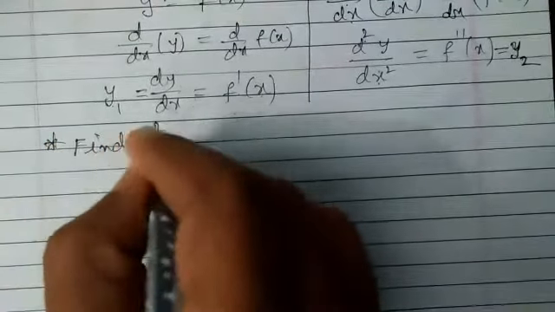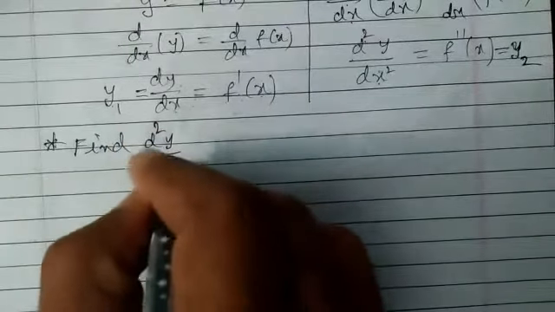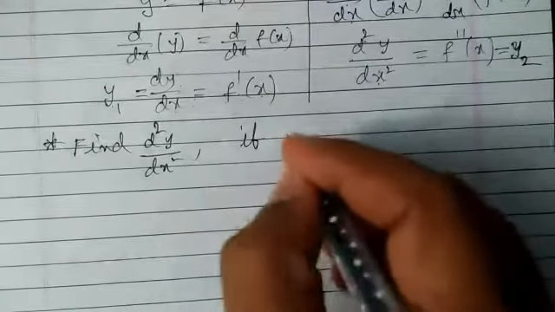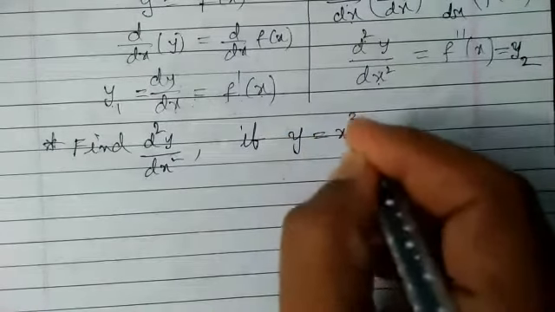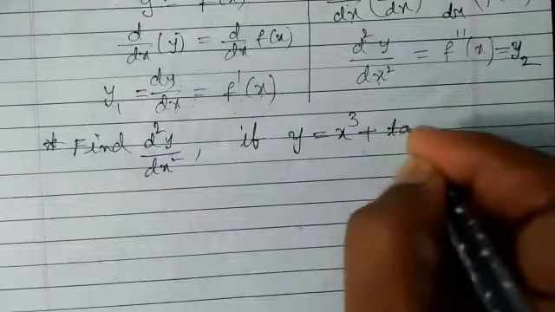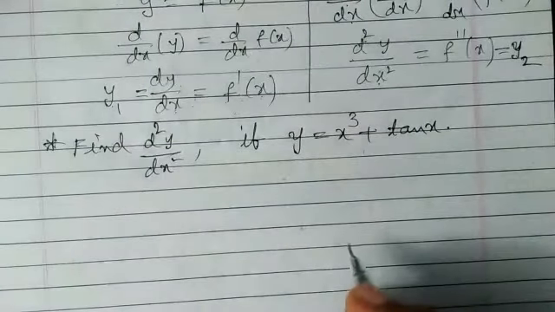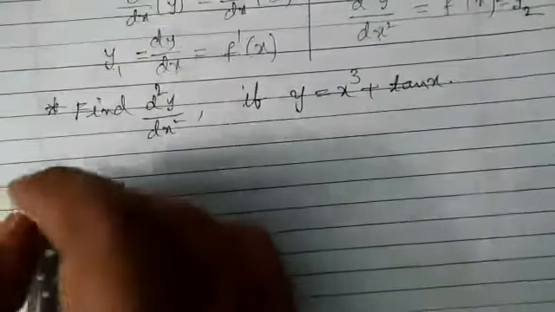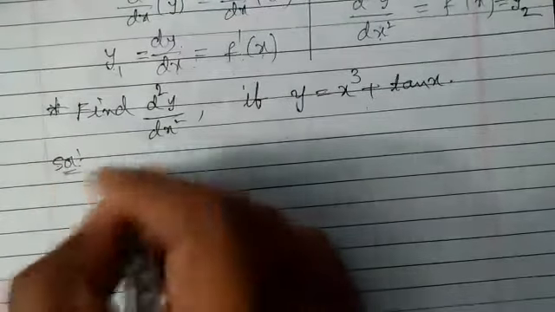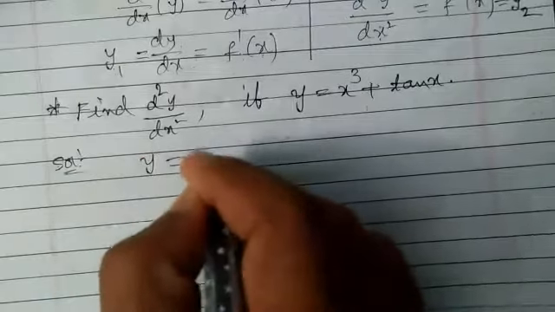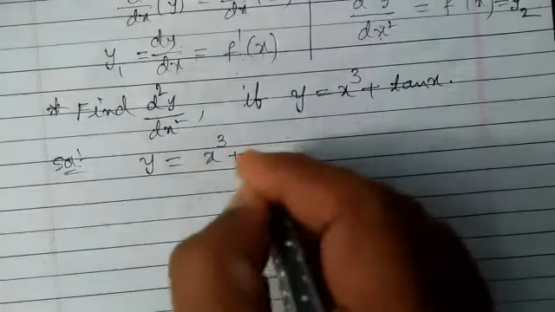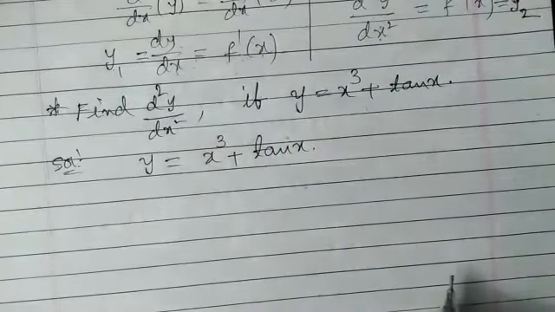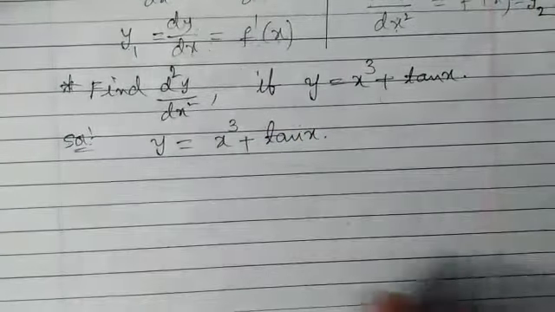Find d square y by dx square, if y is equal to x cube plus tan x. Solution: y is equal to x cube plus tan x.